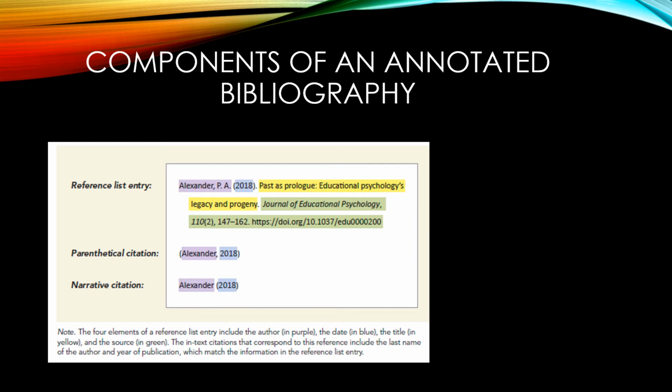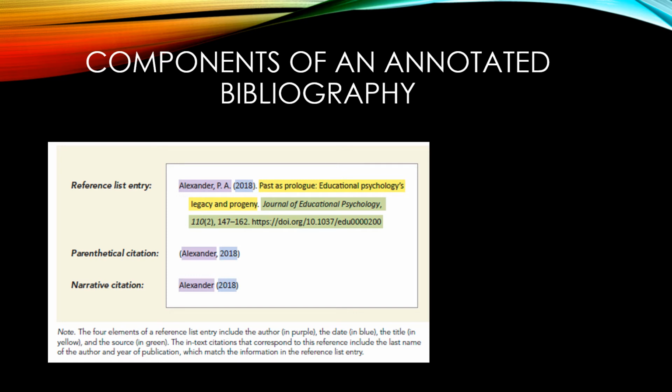Typically with MLA, you would have the author's first and middle initials, and then the last name, right? Not the case with APA. With APA, we simply have the author's last names separated by a comma and an ampersand sign.